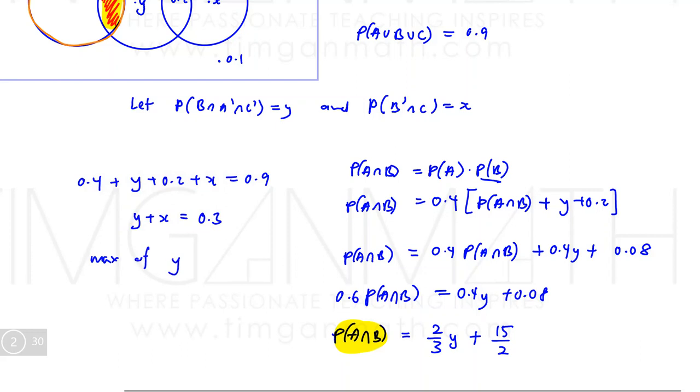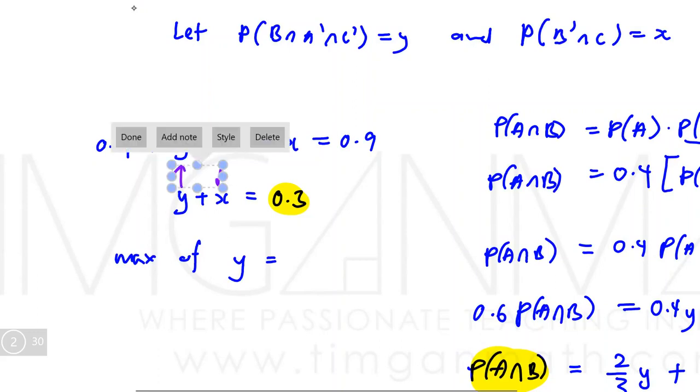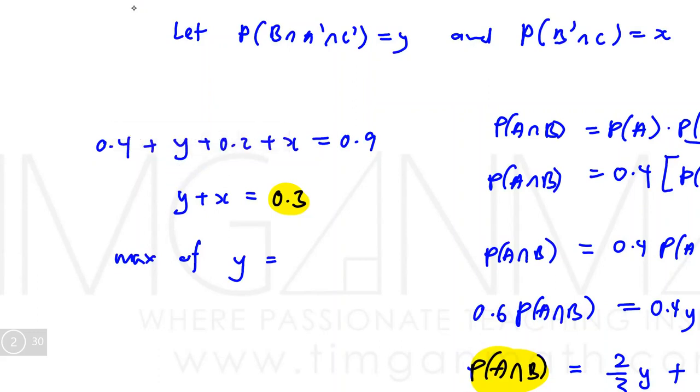No, you must understand that this 0.3 can be distributed among x and y. So you can just free for all, you can distribute it. So the max of y is how much? It's just 0.3. The min of y is just 0.